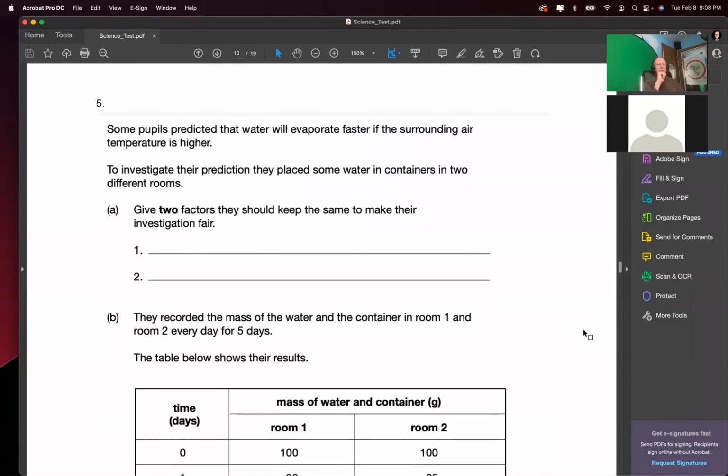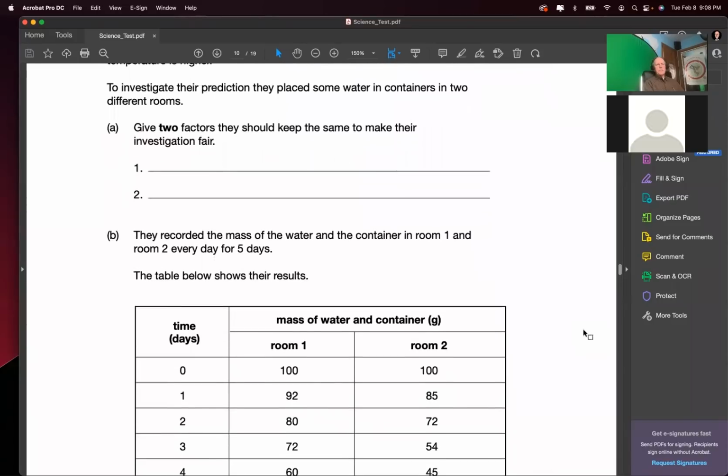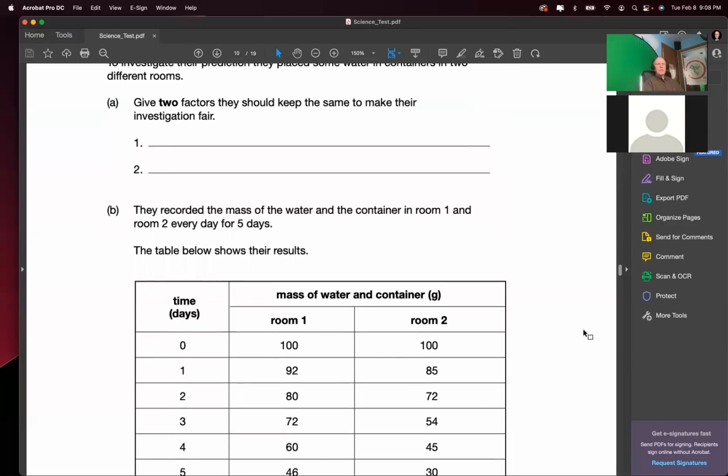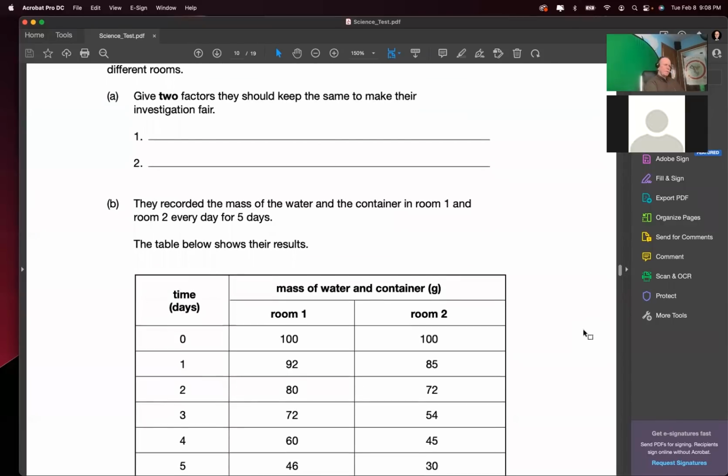Some people predict that water will evaporate faster if the surrounding air temperature is higher. To investigate their prediction, they place some water in containers in two different rooms. Give two factors that they should keep the same in order to make their investigation fair.